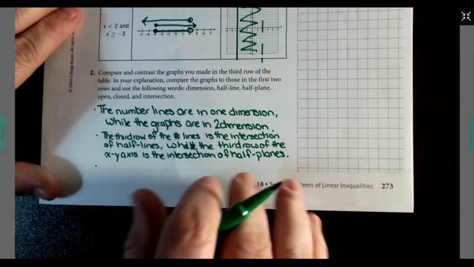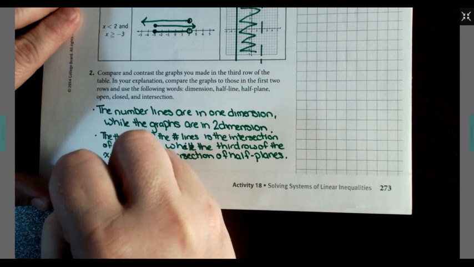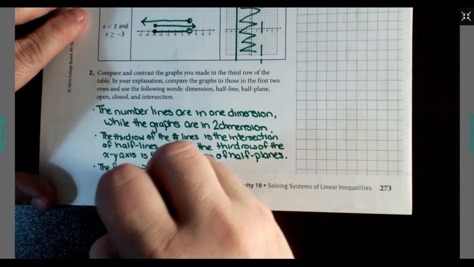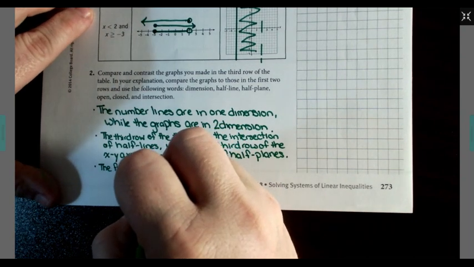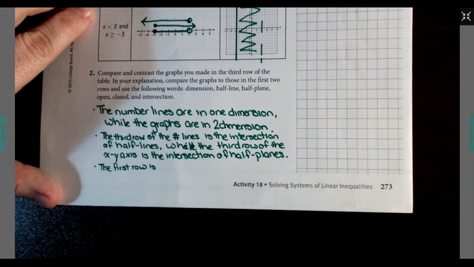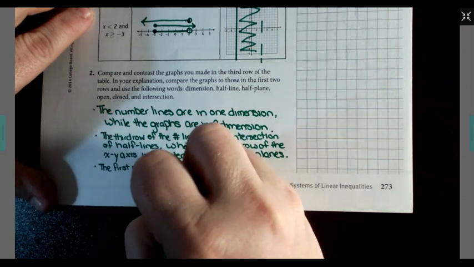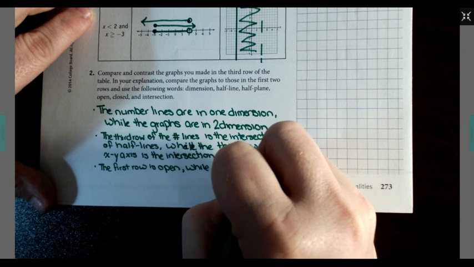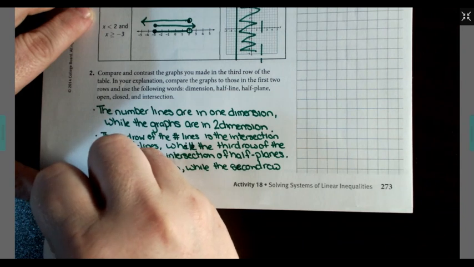We could say something about the first row is open, while the second row is closed.